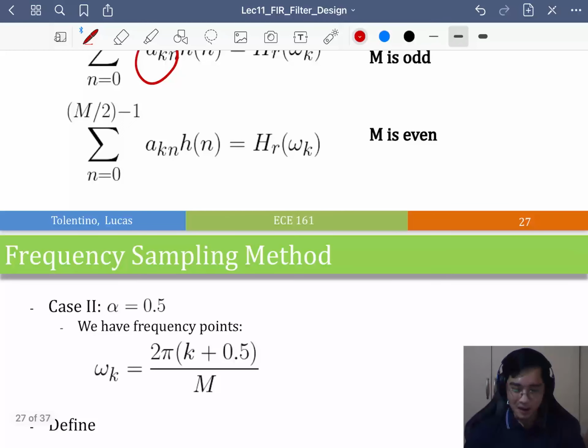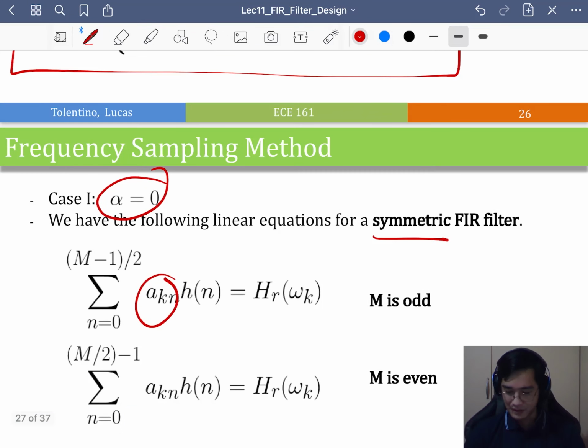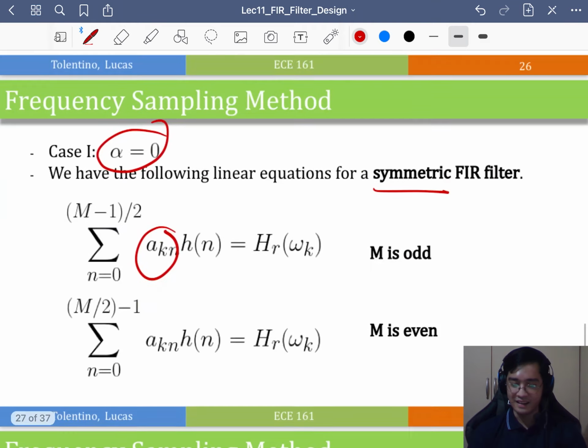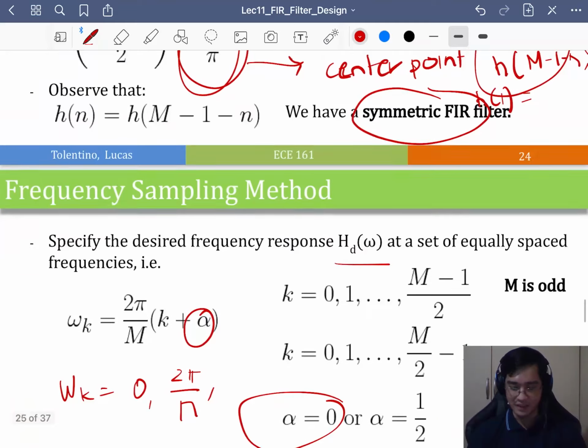But if we want to have an anti-symmetric filter, this is for the second case. So in this case, we are setting frequency points at these points. Okay, I'll draw it so it's very clear.